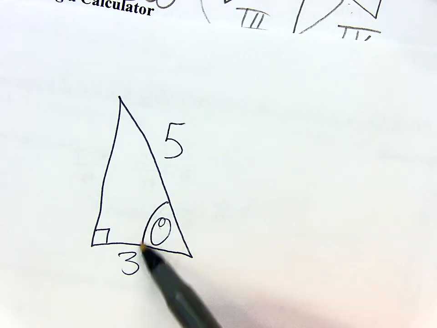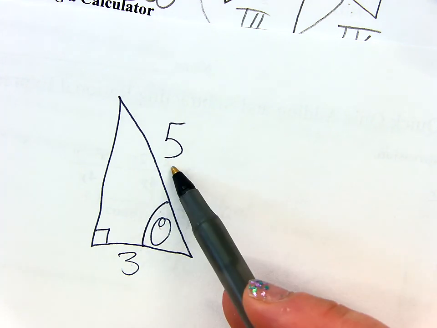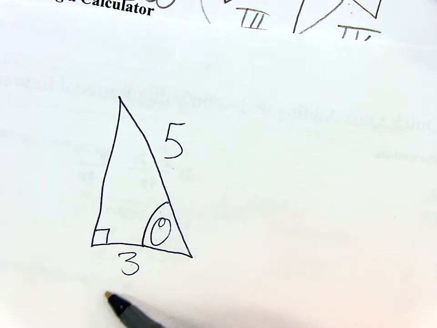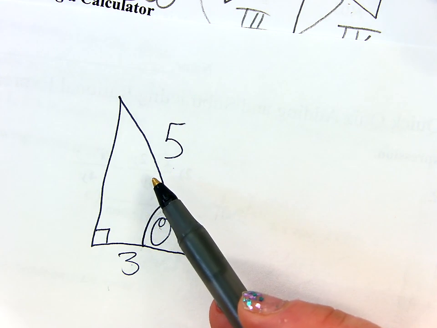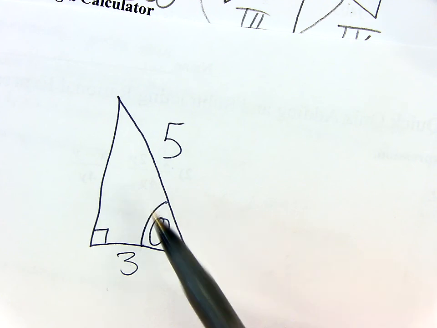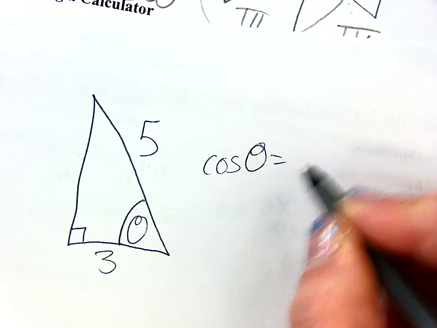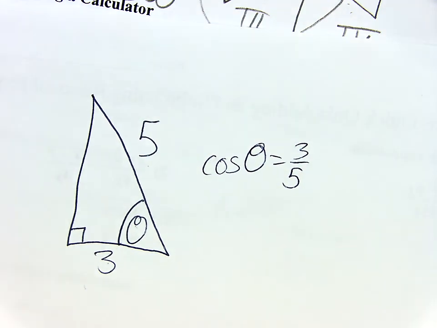This is the angle I'm trying to find, and in relation to this angle, I have the adjacent side and the hypotenuse. So adjacent and hypotenuse, according to SOHCAHTOA, that means I'm using cosine, right? Yeah? Okay. So cosine of my mystery angle is 3/5.